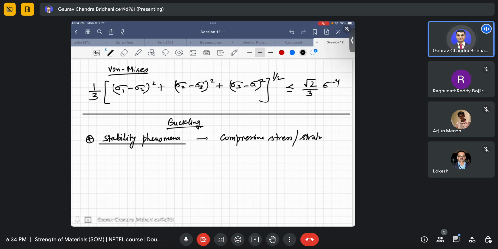We need compressive stress or compressive strain to have buckling. It doesn't matter whether it is a column or a beam or some beam column member. As soon as there is a compression, buckling is possible.